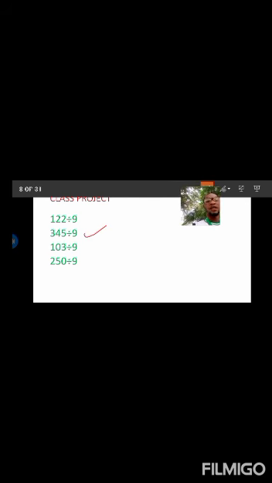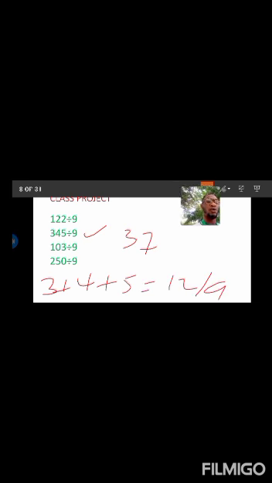Look at it. Let's take this 3, 4, 5. Look at the 3, 4, 5. Can we take that? 345 divided by 9. So the first number here is 3. So we now add 3 plus 4, which is 7. Write the 7 here. The next one is plus 5. 7 plus 5 is 12, divided by 9 because it's more than 9. So how many times can 9 go in 12? Plus 1.